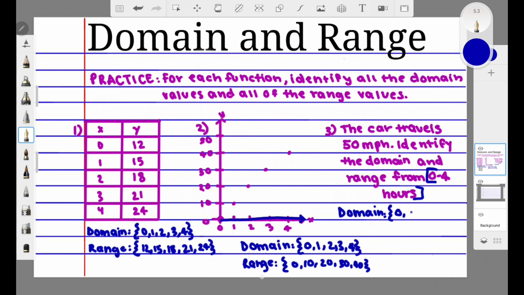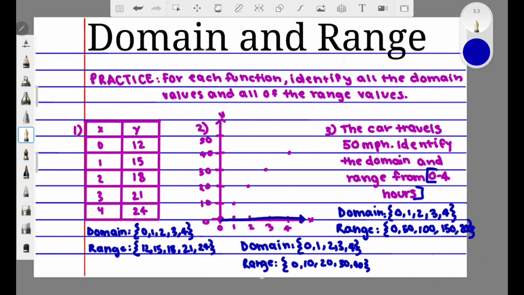So 0 to 4. So same domain for all of these situations, but very different ranges. Our range is just going to be all of the values. So at 0 hours, the car is not going to travel any miles. 50, 100, 150, and 200 is our last range value.